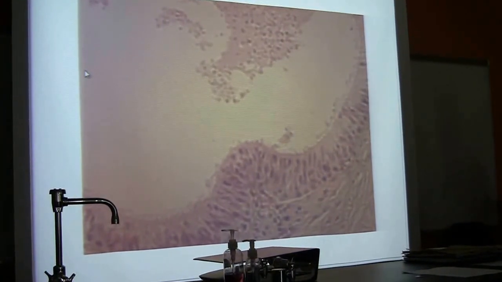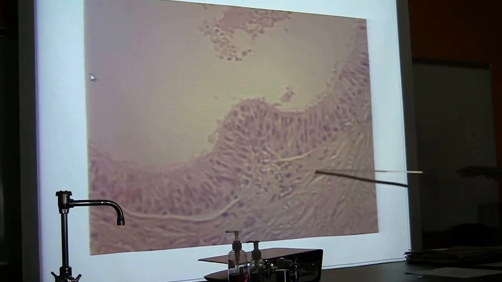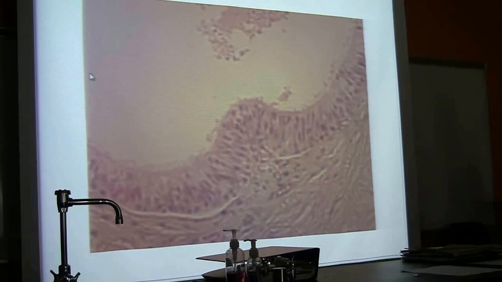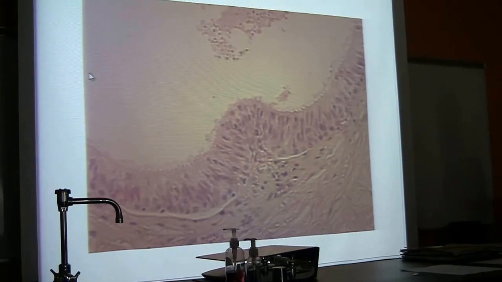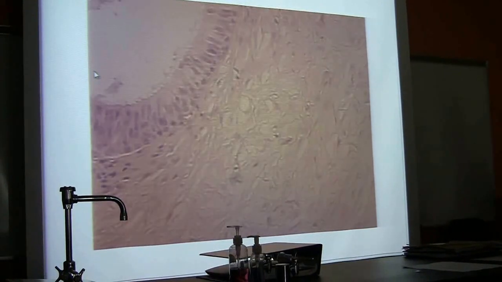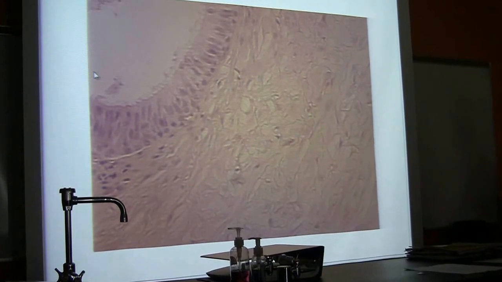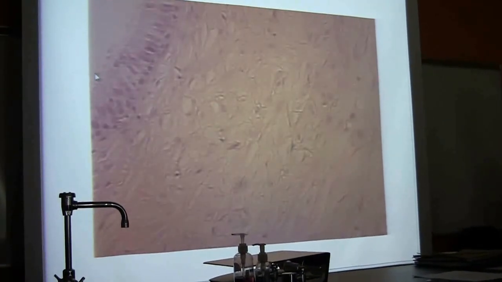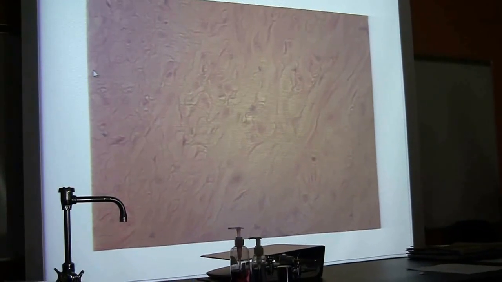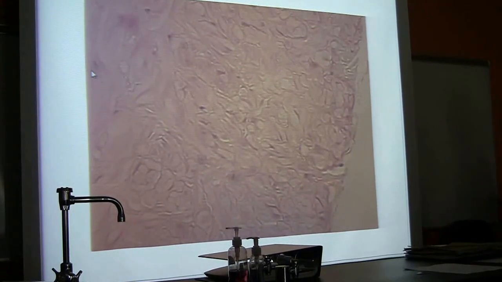And then again you've got your layer of lamina propria, like we saw in the tubes of the epididymis. This is lamina propria here. And then the same three muscle layers, same arrangement. You've got your longitudinal smooth muscle, and the circular smooth muscle. And again, on the outside, longitudinal again.